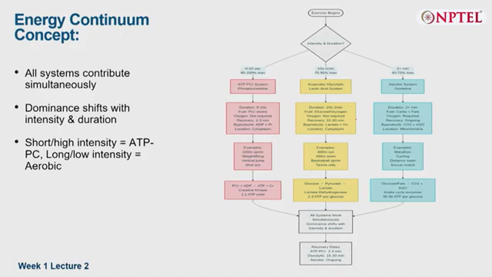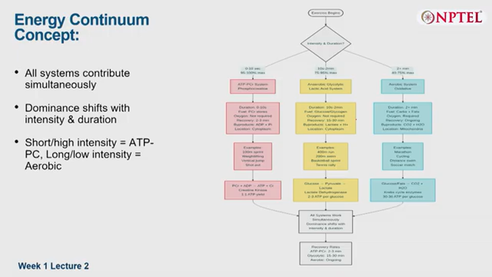Phosphocreatine is split with the ADP, leaving creatine, and the phosphate attaches to the ADP forming ATP and creatine. The enzyme is creatine kinase, as I have mentioned, and it is a 1:1 ATP yield.